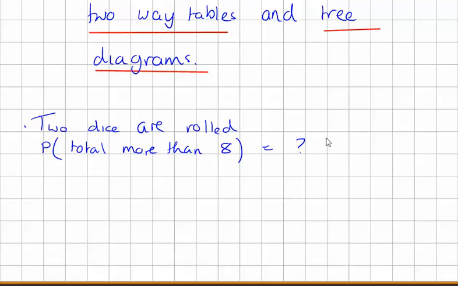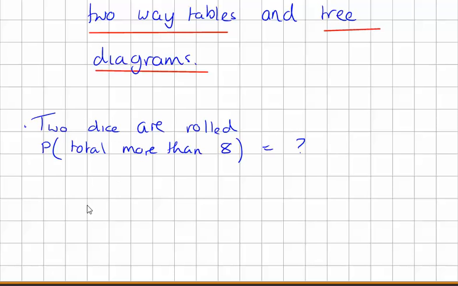The totals that are more than 8. But you just said since we can't get 1, you can get from 2 to 12, but you can't get to 1. So there are 12 numbers, but only 11 outcomes, because you can do 6 and 6 is 12, but you can't do 1 and 1 is 1. We've got to be careful here because I'm leading you down the wrong direction for a reason. When we talk about how many possible outcomes there are, people normally say 1 add 1 makes 2, that's the lowest, 6 add 6 makes 12, that's the highest, and I can get anything in between.